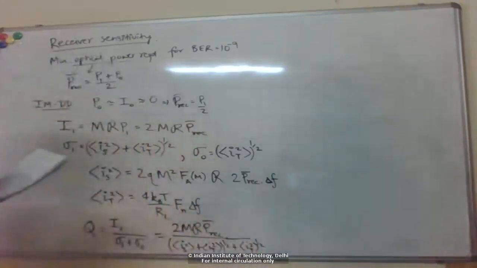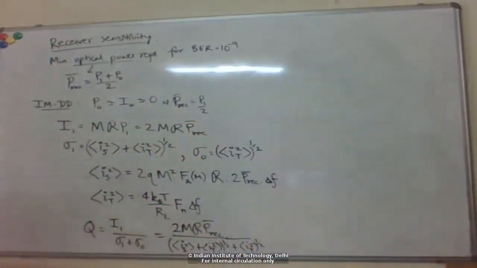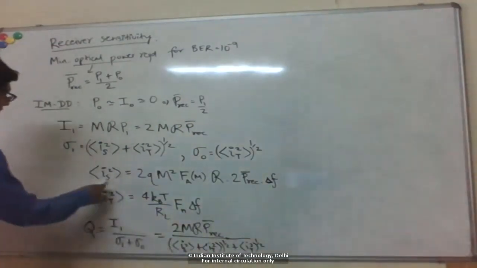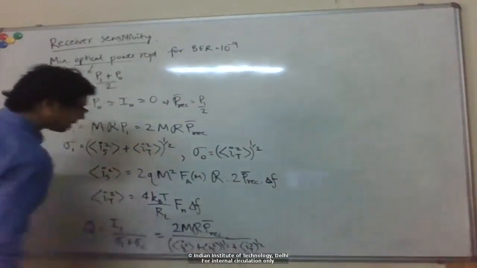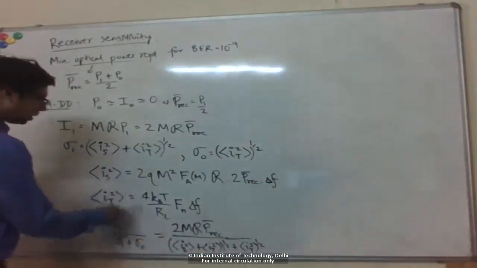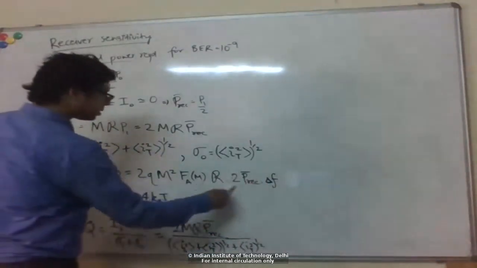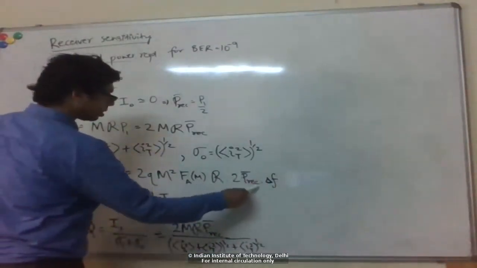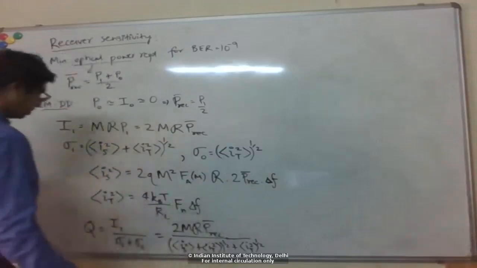Whereas for sigma 0 we just have thermal noise. Okay, so now we have expressions for the shot noise and thermal noise current, which we can substitute here. And so the shot noise term here is also dependent on the average optical power received.